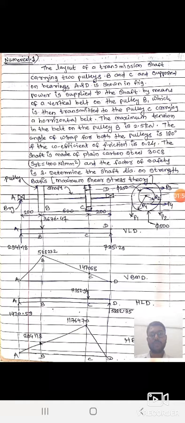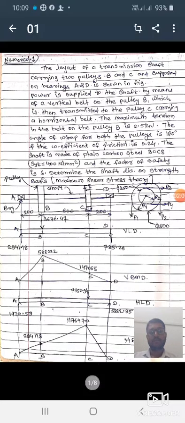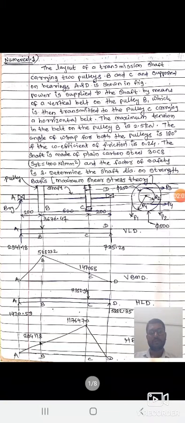Again, it is given that on pulley B the vertical loads are P1 and P2, and on pulley C the horizontal belt tensions are P3 and P4, and the pulley diameters are 500 mm and 250 mm respectively.